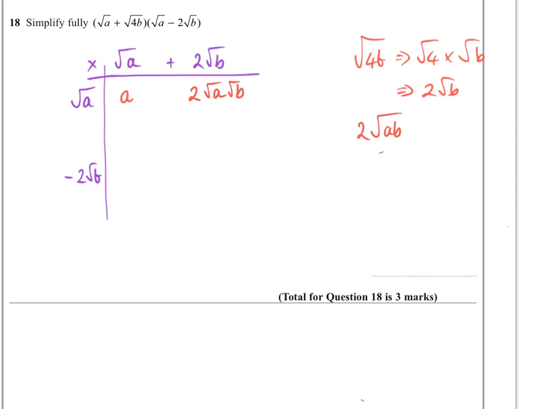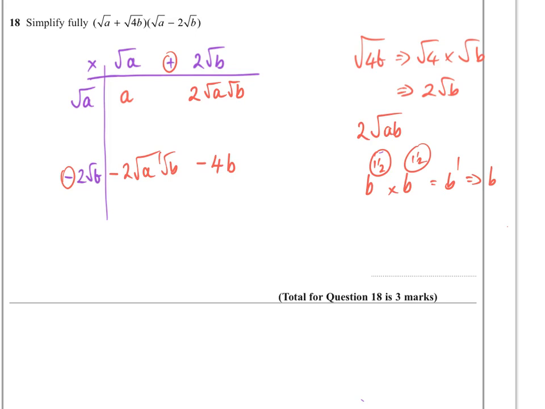You can write it in a couple of different ways. This one would be minus 2 root A root b, and this last one would be minus, because we've got a plus times a minus, minus 4b, because root b times root b, that's b to the half times b to the half. You add the powers and you get b to the power 1, which is b.